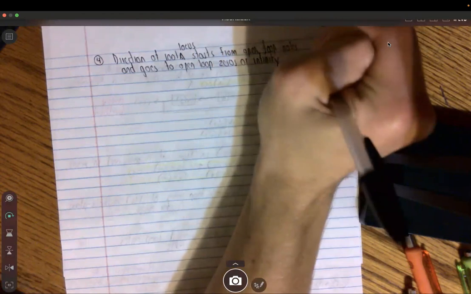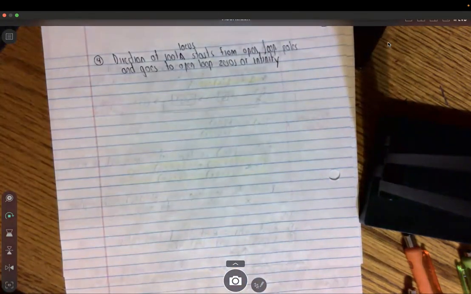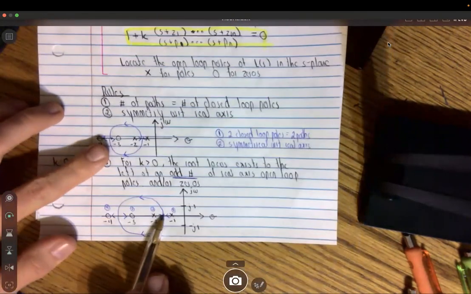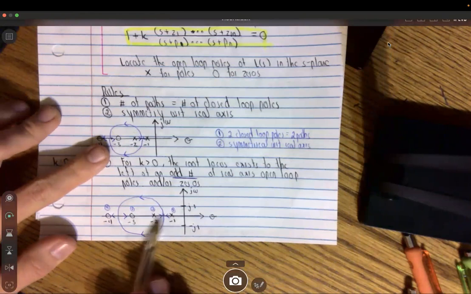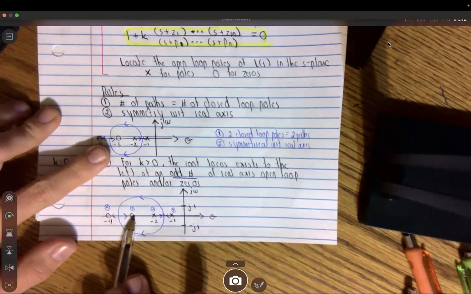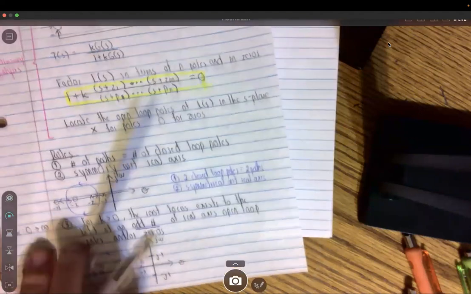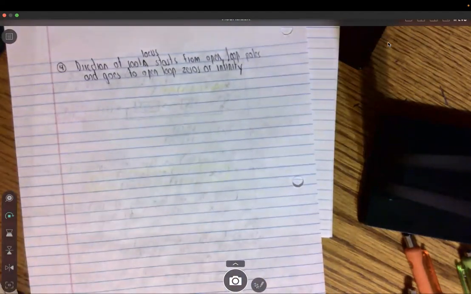And so this one's pretty easy to understand, because as we've seen before with our diagram, we start from the poles, which were at -1, -2. Notice the direction of the arrows. We started here, and then we went to the zeros through each of these paths here. And so that's what rule number 4 is trying to tell us. We start at poles and we go to zeros or infinity.